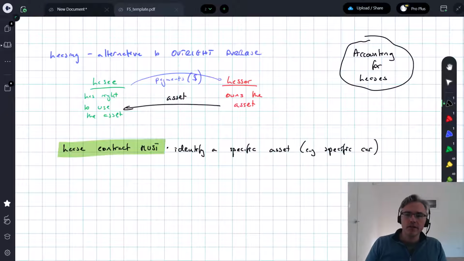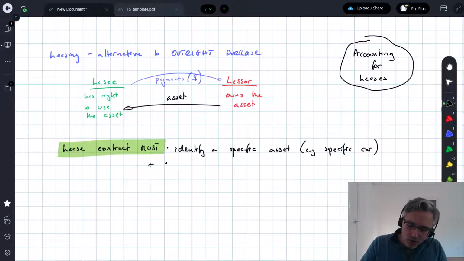It's got to be a specific asset as such. This also becomes quite important when you're analyzing contracts, for example, for the use of railway cargo rail stock. It has to be a specific asset as opposed to the use of some specific capacity.